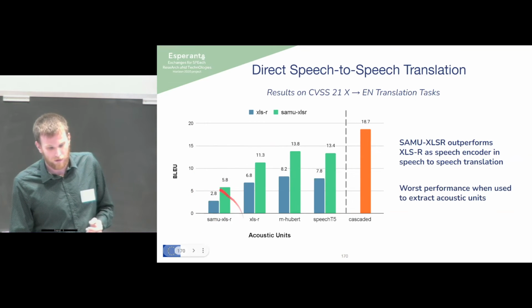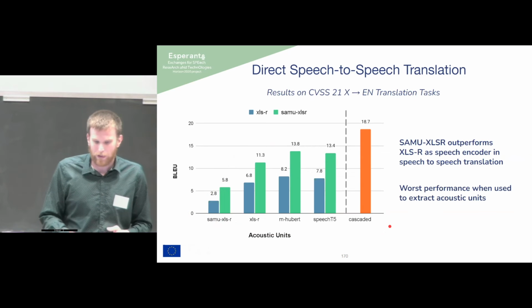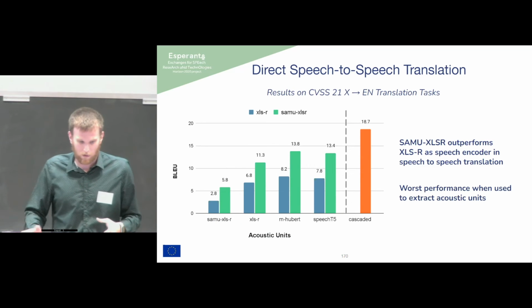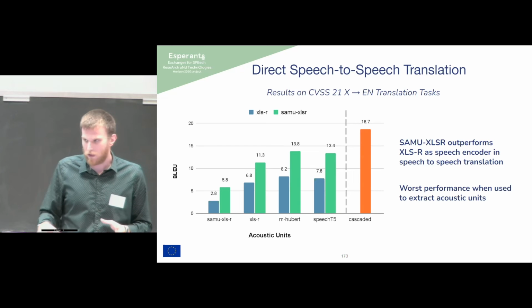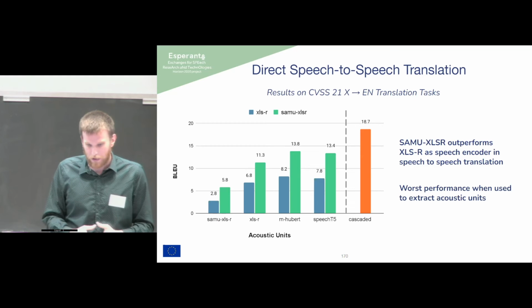You can see here, these two lines belong to the SAMU-XLSR used to extract the acoustic units. We are also showing here in the orange line the cascaded system, which is the concatenation of a speech-to-text translation system and a TTS system. You can also see there that none of our systems made it to beat the cascaded performance.